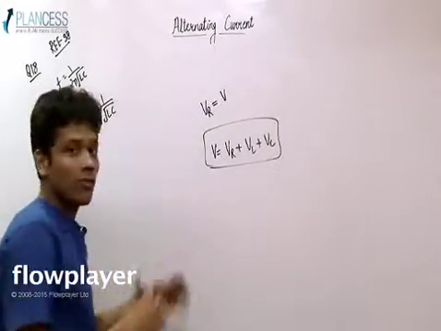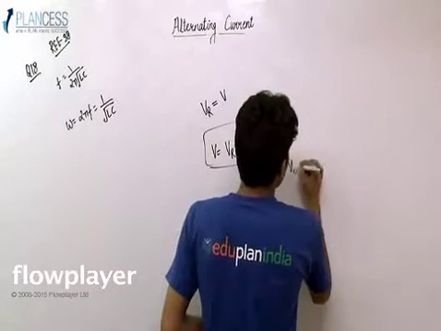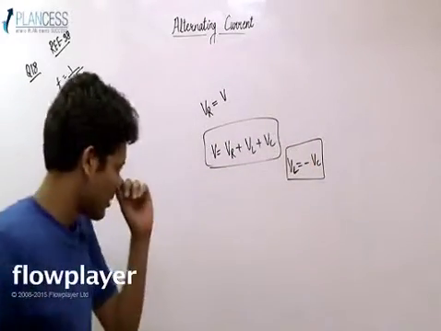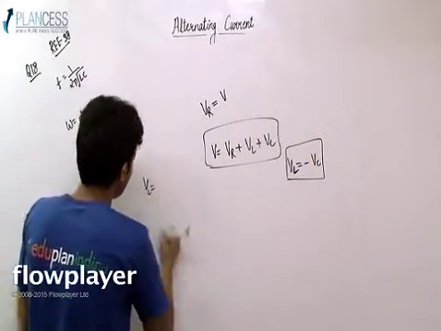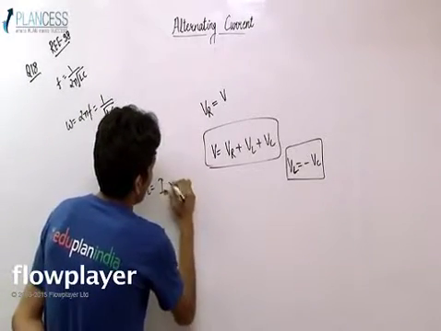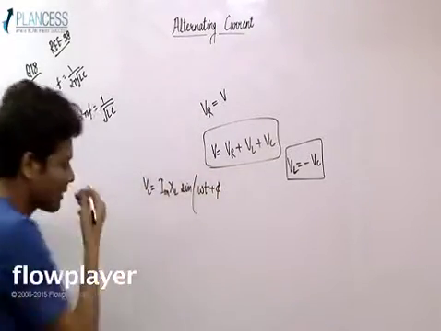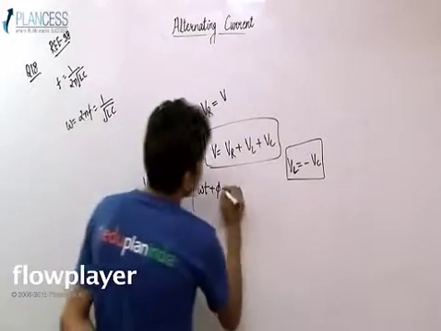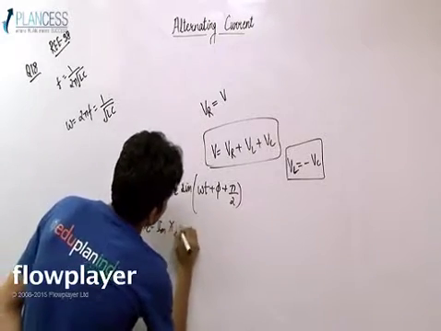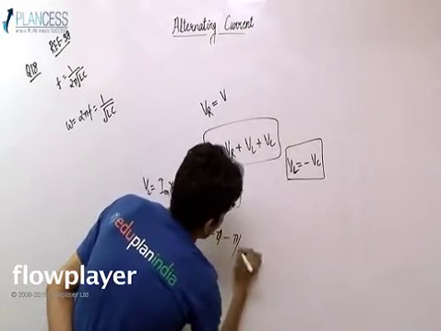So this is a good point of the question. When a circuit is at resonance, VL is equal to minus VC, which we can calculate right now. We calculated VL for an inductor to be Im XL sine omega t plus phi, and for an inductor current lags and voltage leads, so this would be plus pi by 2, and VC is Im XC sine omega t plus phi minus pi by 2.